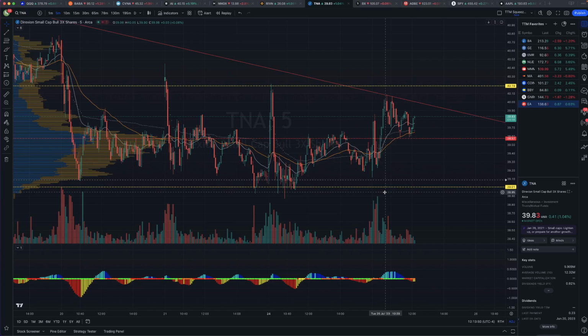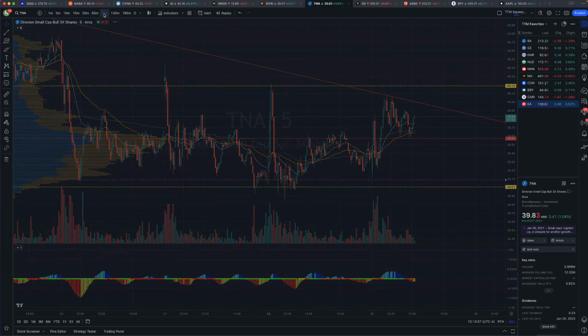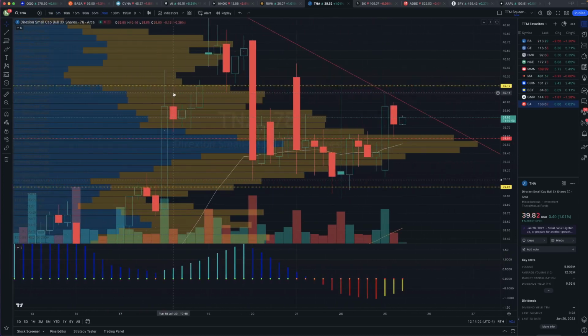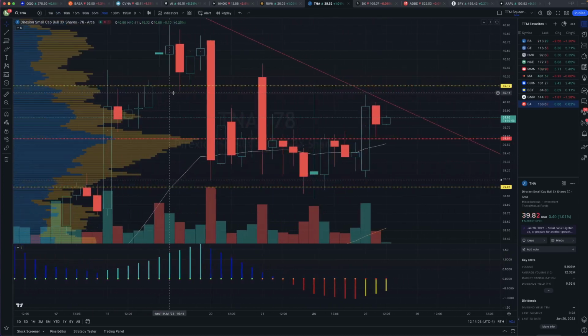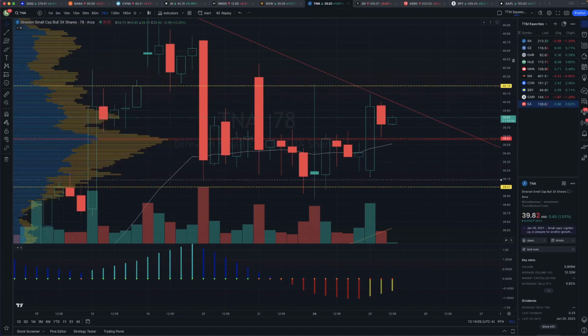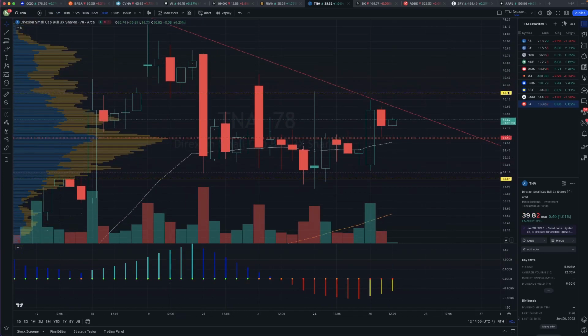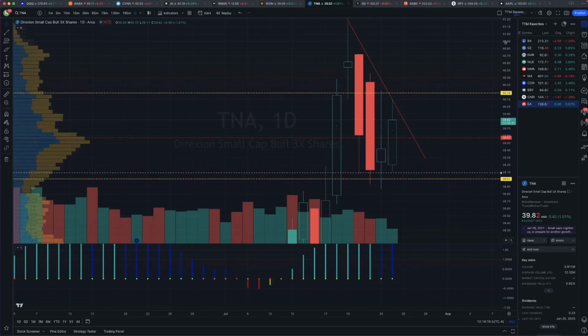And the histogram on TNA is dark blue. On the 78-minute chart, the histogram is not dark blue. The histogram is rounding yellow, which is positive momentum. Let's look at the daily chart.